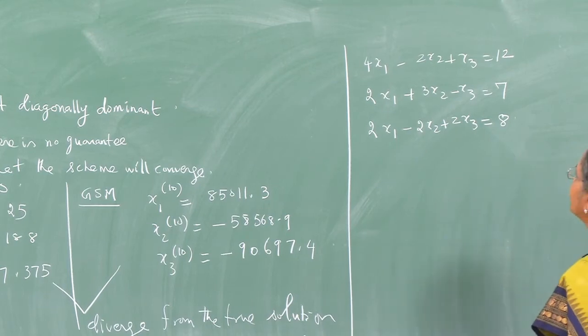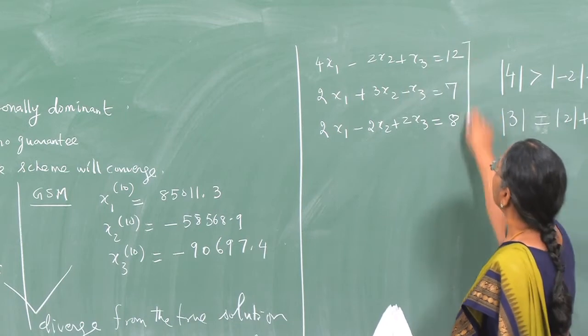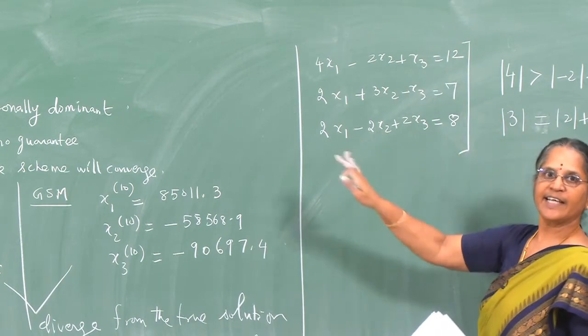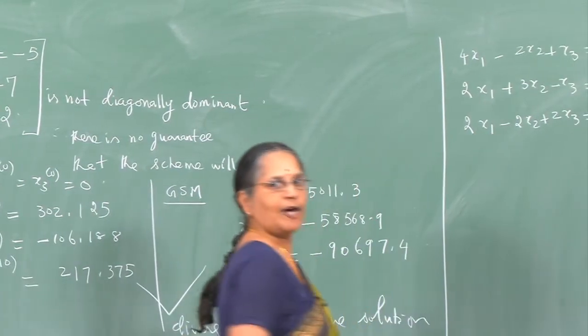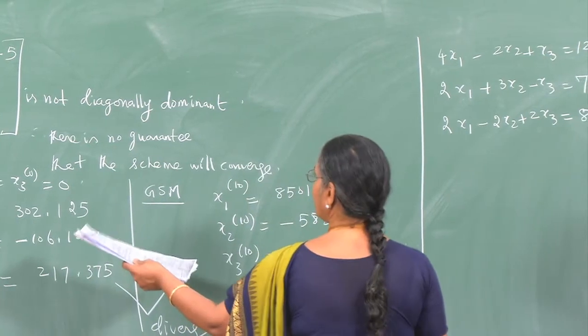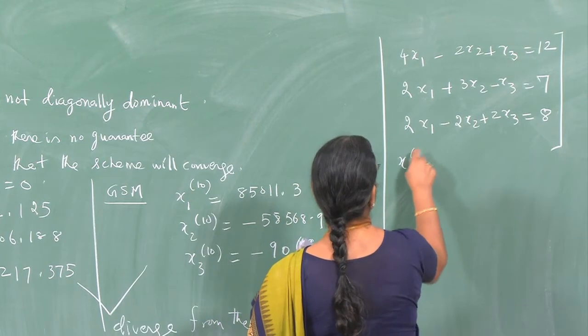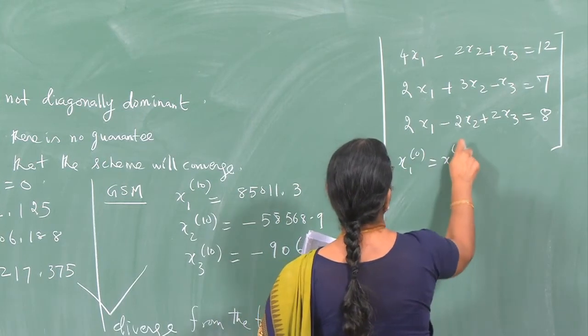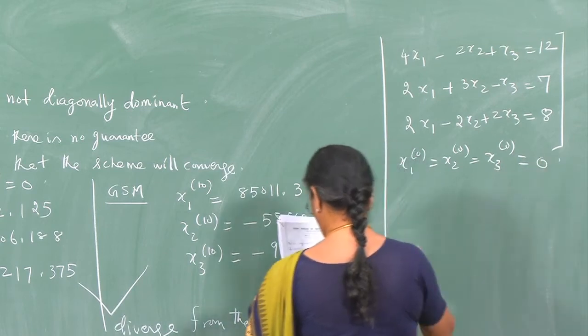So, let us look at the system. The system is not strictly diagonally dominant. So, let us now try to work out starting from some initial vector and using Gauss-Jacobi method and Gauss-Seidel method. Again I start with the initial vector x1 0, x2 0, x3 0 to be 0.